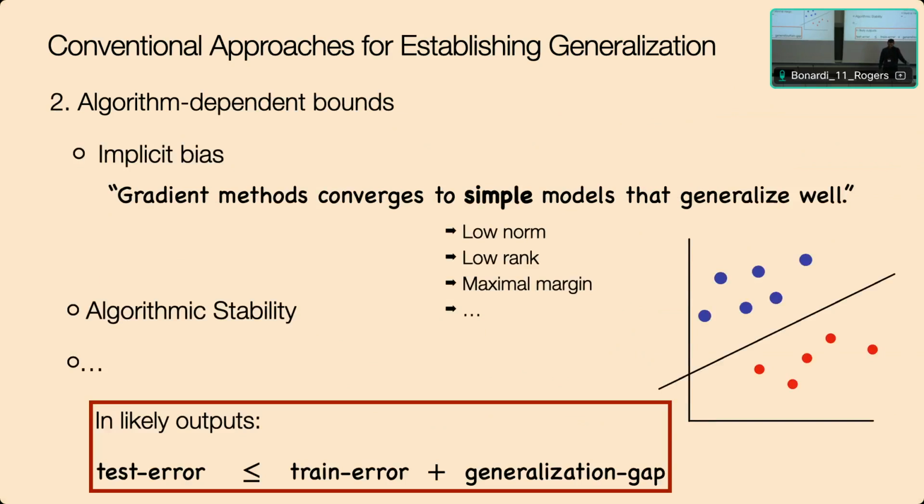There can be many properties of simplicity, like low norm, low rank, maximal margin, etc. And algorithmic stability, which is the change of the output of the algorithm when you replace one sample in the training set. Using such algorithm-dependent bounds for showing generalization, you can bound the generalization gap and train error on the set of likely outputs, and in such a way bound the test error.